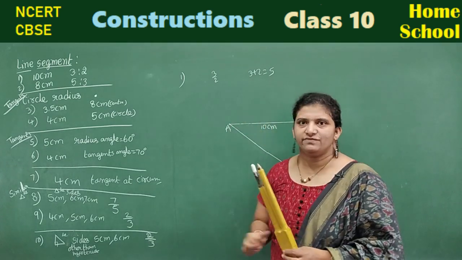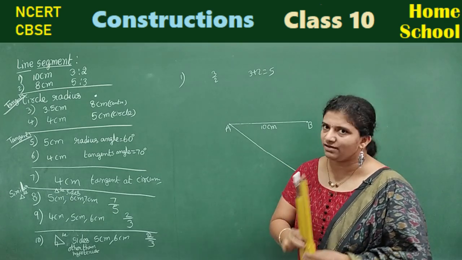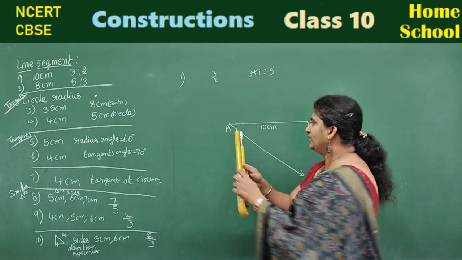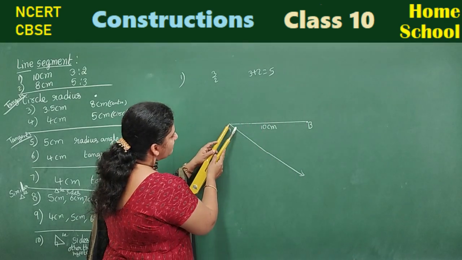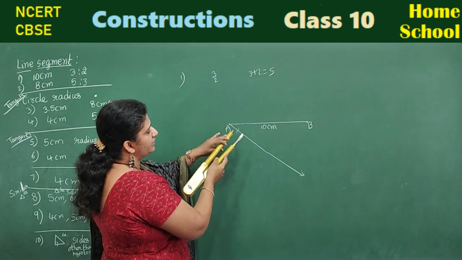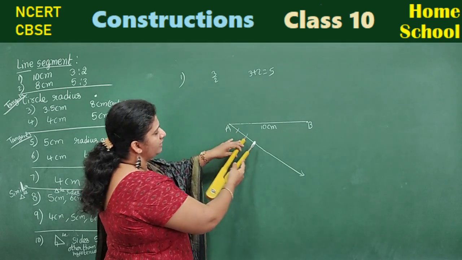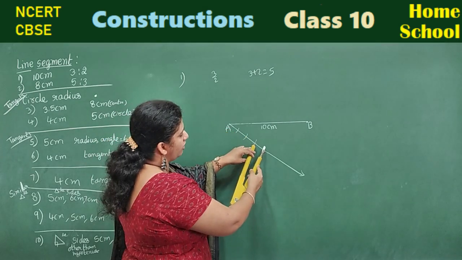3 plus 2 is 5. So now on this ray, you need to draw 5 arcs. Take a compass with the minimum measurement. So put the compass point here and draw an arc. Then lift the compass from here. Draw another arc with the same measurement. Lift, draw.